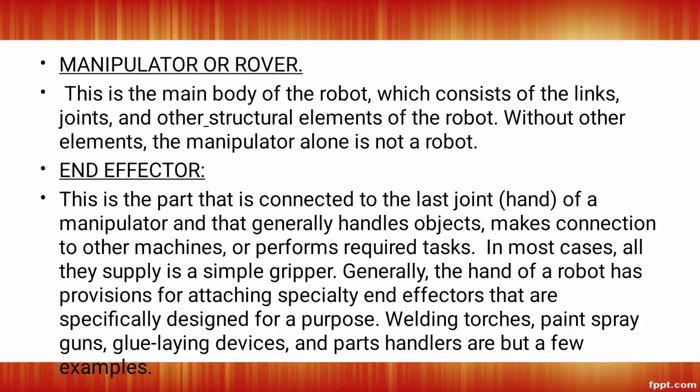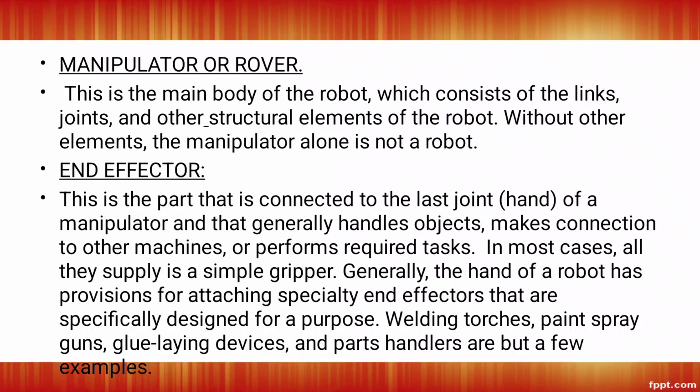Next is the end effector. What does end effector mean? The end part of the hand. It may be a tool, a gripper, etc. According to our needs and requirements, it may vary. This is the part that is connected to the last joint of the manipulator and that generally handles objects, makes connections to other machines or performs the required task.